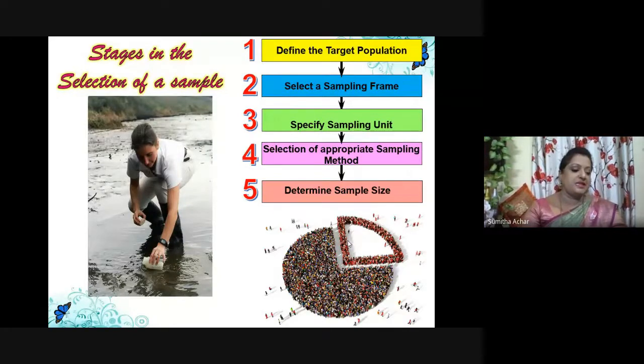The first step is define the target population. Second step is select a sampling frame. Third step is specify the sampling units. Fourth step is choose the sampling method. That's very important. Last step is determine the sample size, right?